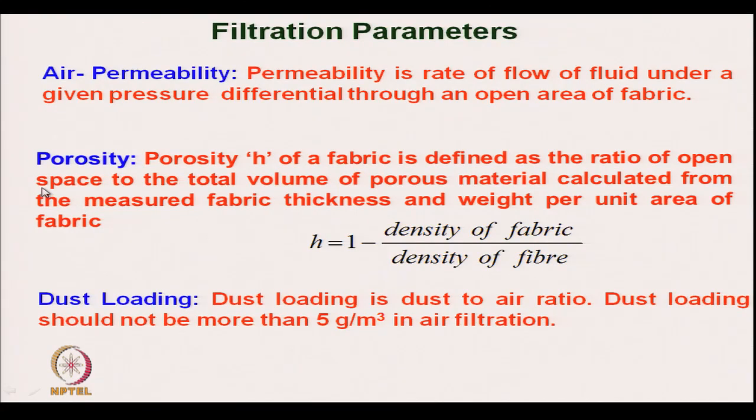The porosity of fabric can be measured by measuring the density of fabric and the density of fiber. Density of fabric can be measured by measuring the thickness and mass per unit area of fabric.